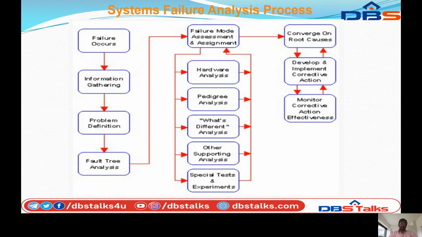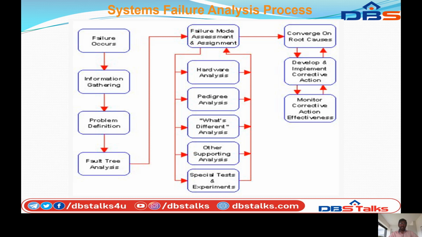Then we go to the hardware analysis, pedigree analysis, and other supporting analyses, such as tests and experiments.